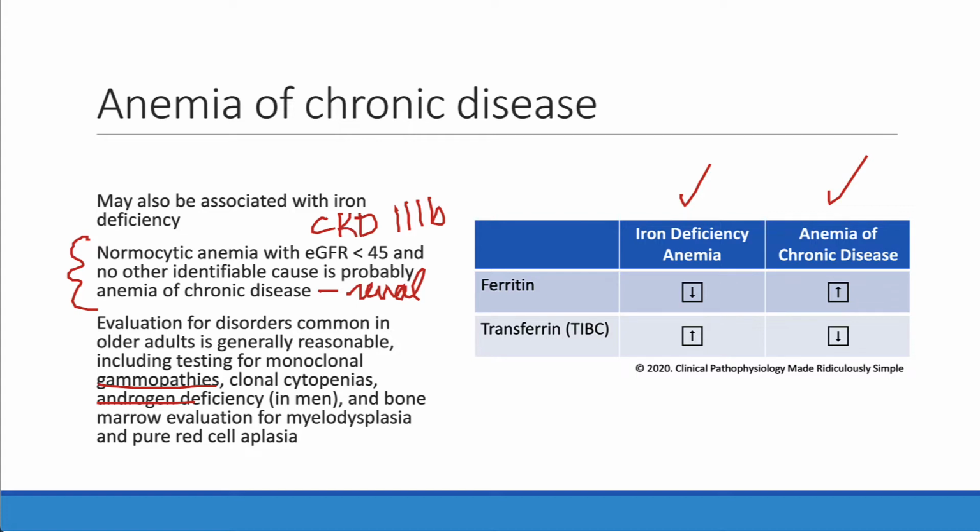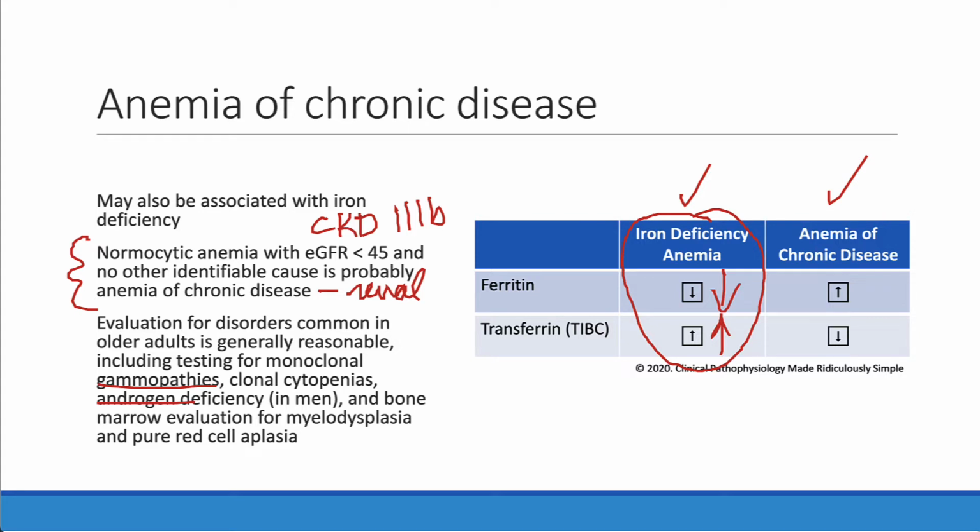Notice that in iron deficiency anemia, we see the ferritin go down and the transferrin go up. Okay? That's iron deficiency anemia. Ferritin is down because there's less iron, and the transferrin, or the capacity to bind iron, is up because there's not enough iron filling it.